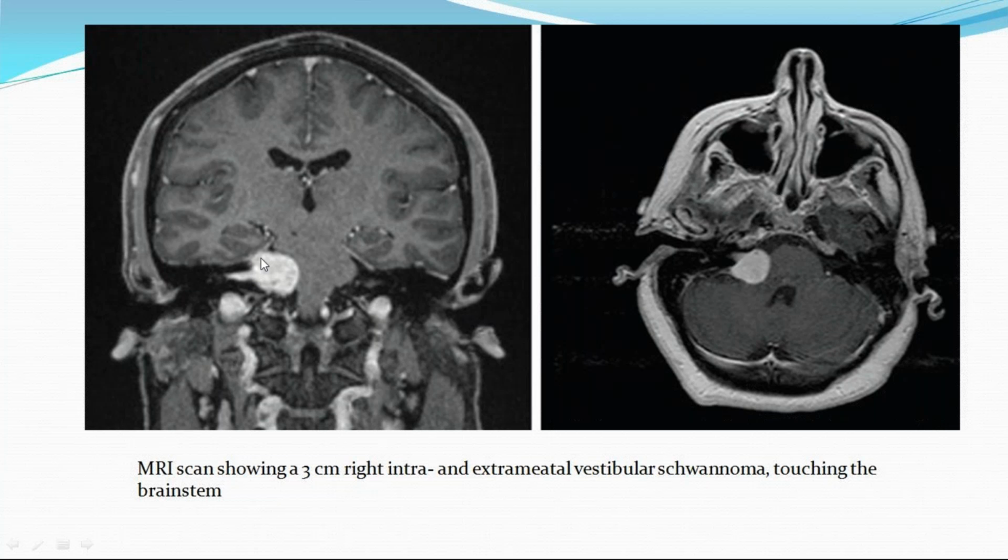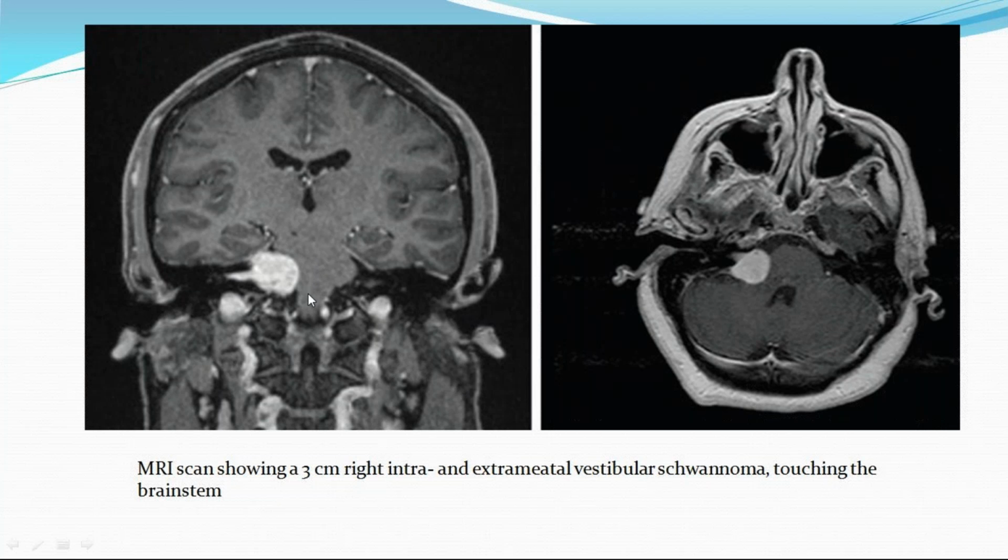This is the intrameatal part, and this is the extrameatal part, which then grows into the cranial cavity and slowly causes different symptoms. In fact, it is a very slow growing tumor and grows at a rate of 1 to 3 millimeters per year.